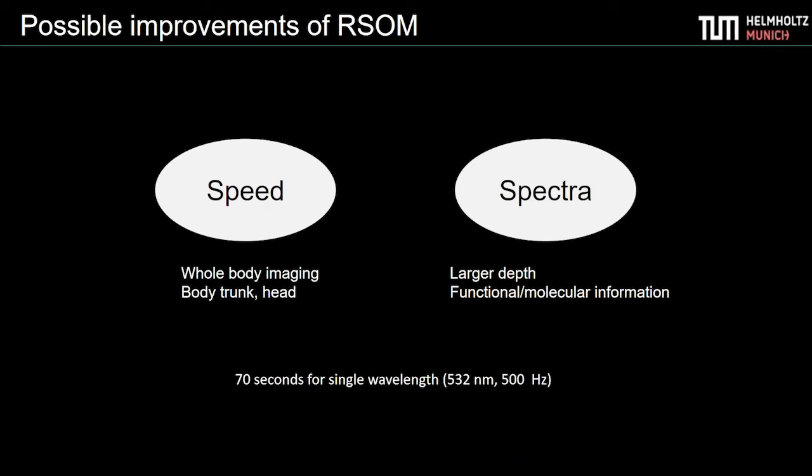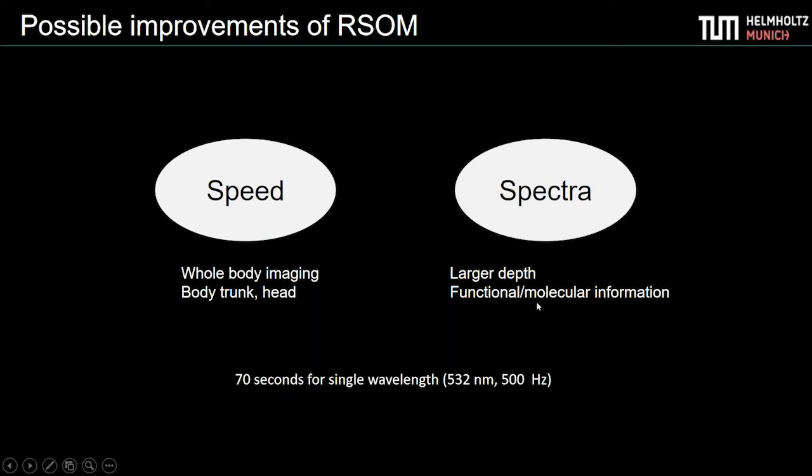So this only allows us to image, for example, the arm or legs, which have much less motion from breathing. But if you try to measure, for example, the body trunk and also the head region, there are very strong motions. This will kill the quality of the images.